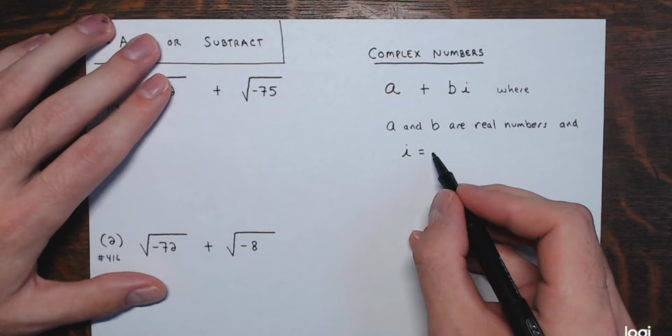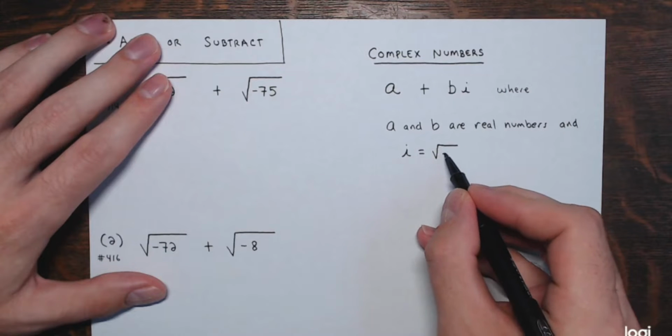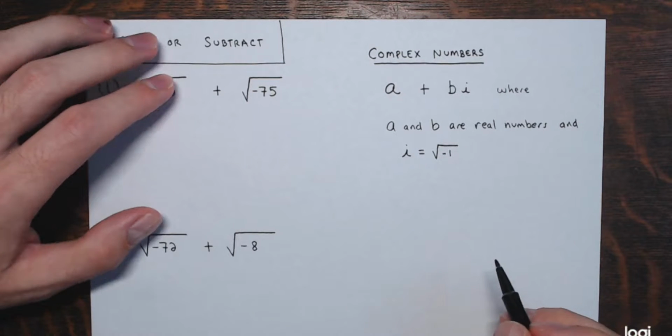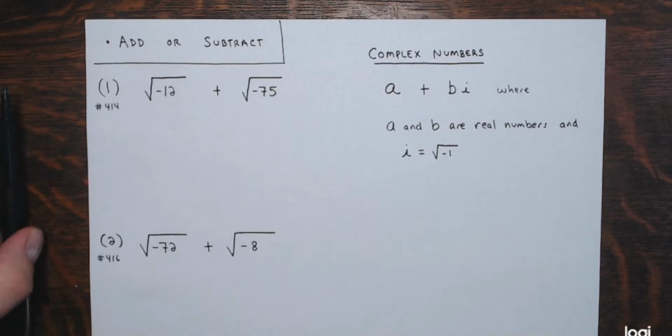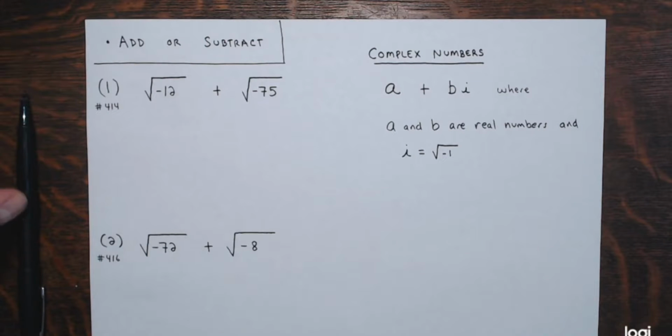Remember, i is the square root of negative 1. So this is what every number can be written as.